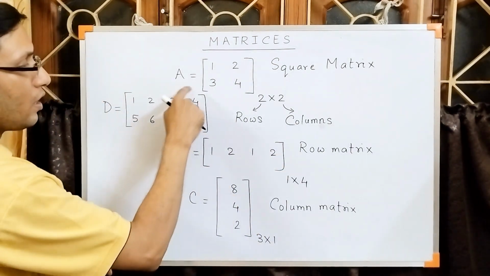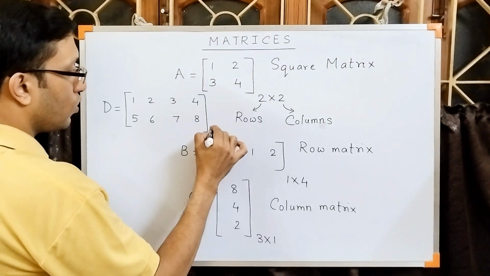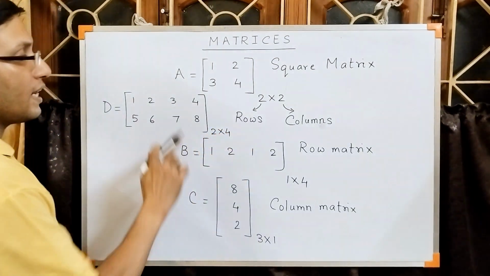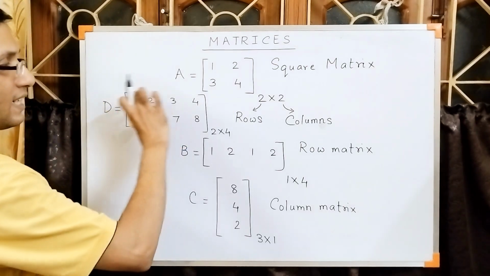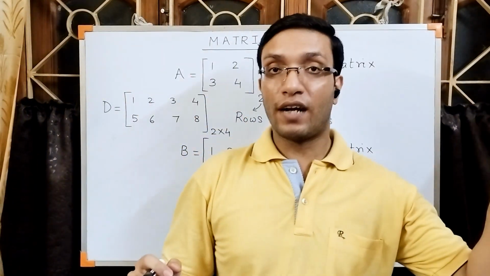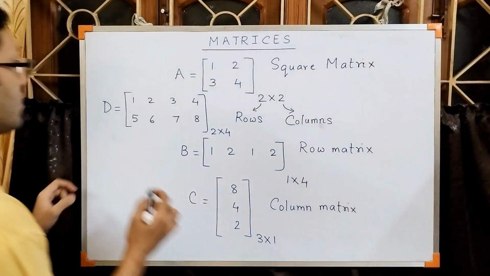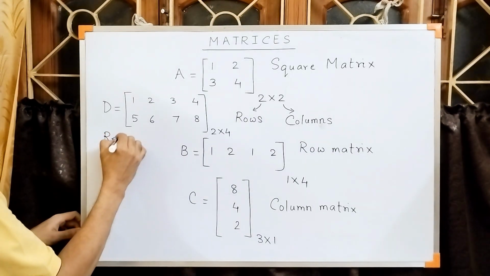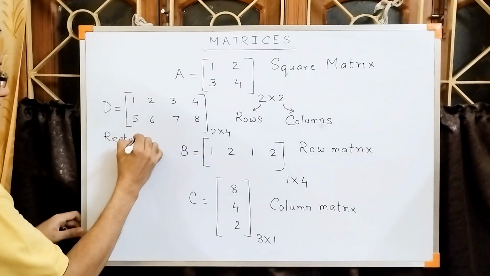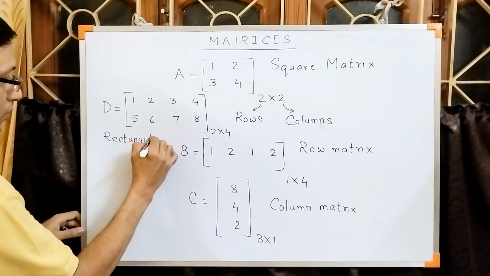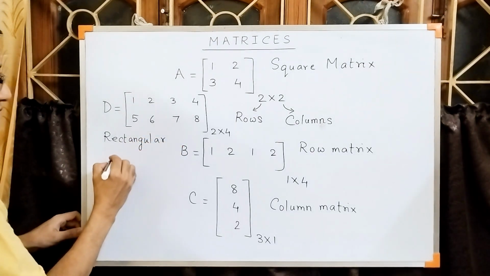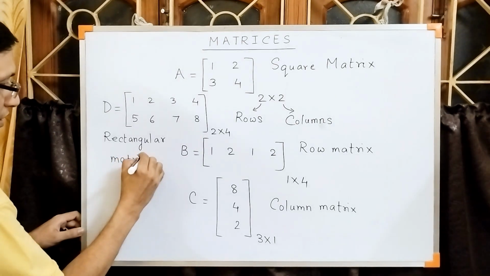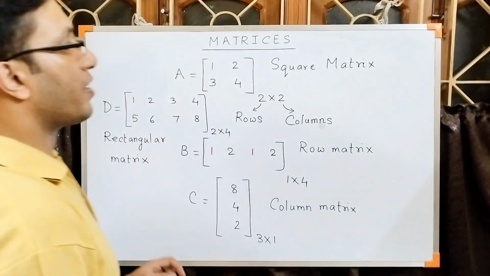So 2 cross 4 is the order of this matrix, and this looks like a horizontal rectangle. So the name of this matrix is rectangular matrix.